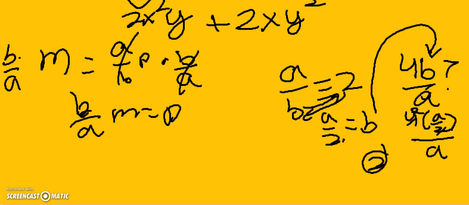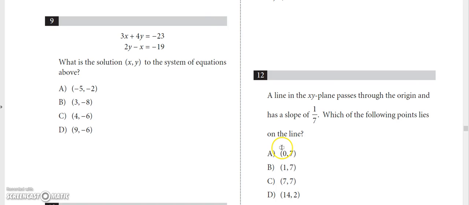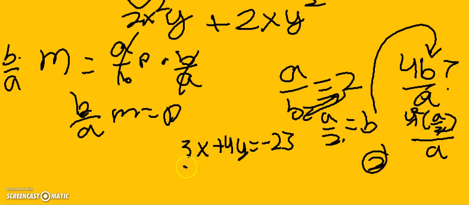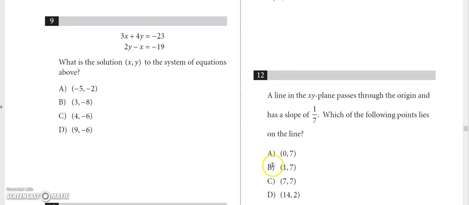So we have 3x plus 4y is equal to negative 23. And then we have, I'm going to rearrange it a little bit, negative x plus 2y is equal to negative 19.